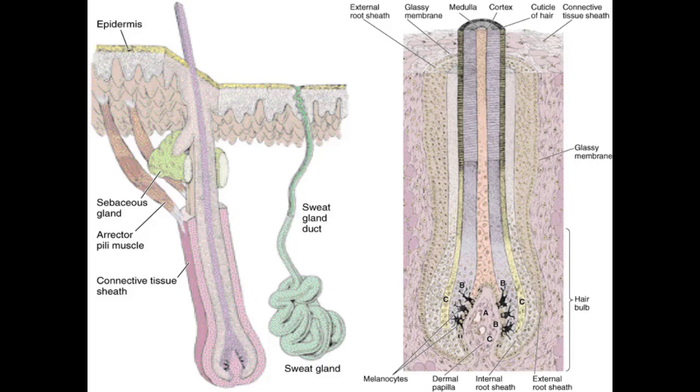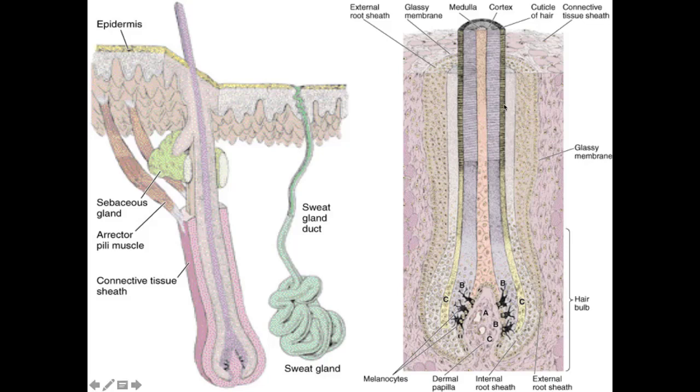The internal root sheath is a multi-layered, three-layered cellular covering which surrounds the deep part of the hair from the bulb to the neck of the hair follicle, and it consists of three layers.